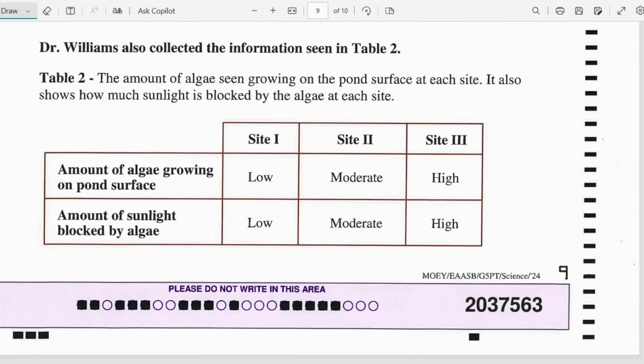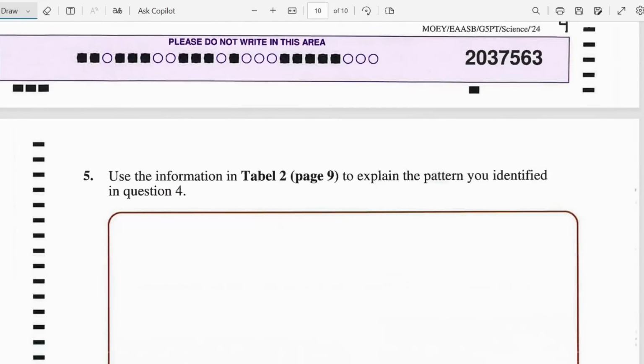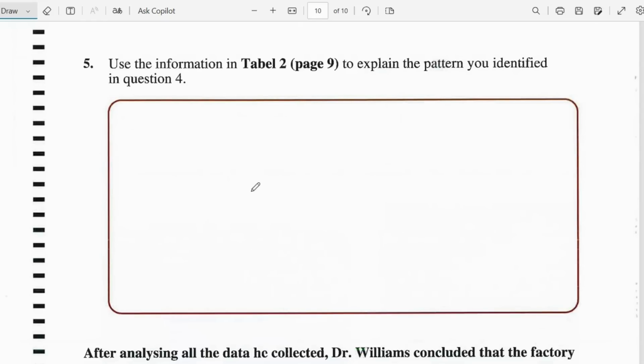So towards the factory we had high algae growing, and also the sunlight was blocked. Let's use this information to answer question 5, which is to use the information in table 2 to explain the pattern you identified in question 4.